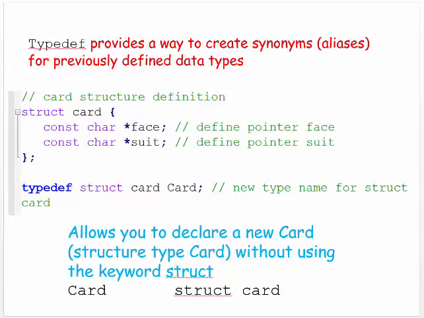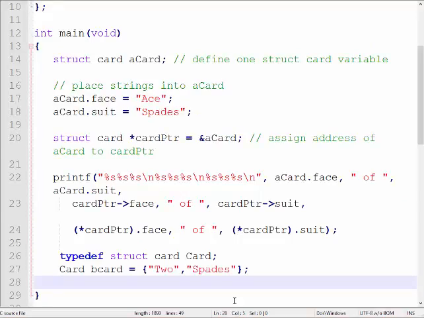Back on the example that we've been looking at, here you defined one structure, card structure called a card, and you assigned some values to it. But down here at the bottom, I did a typedef and made an alias with a capital C called Card. And now I can declare a new card.